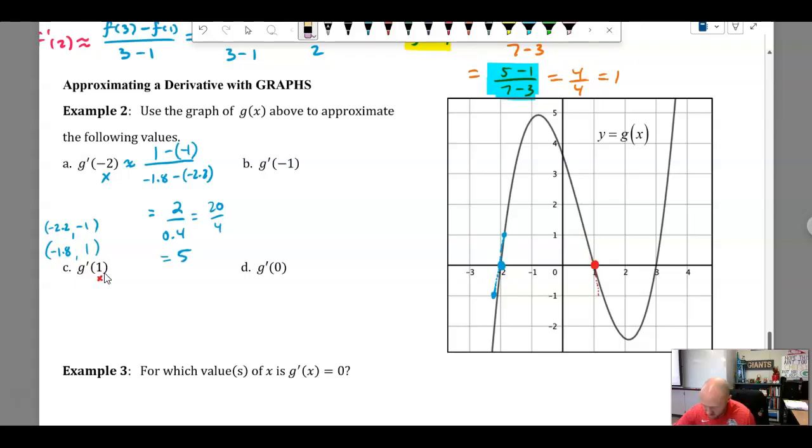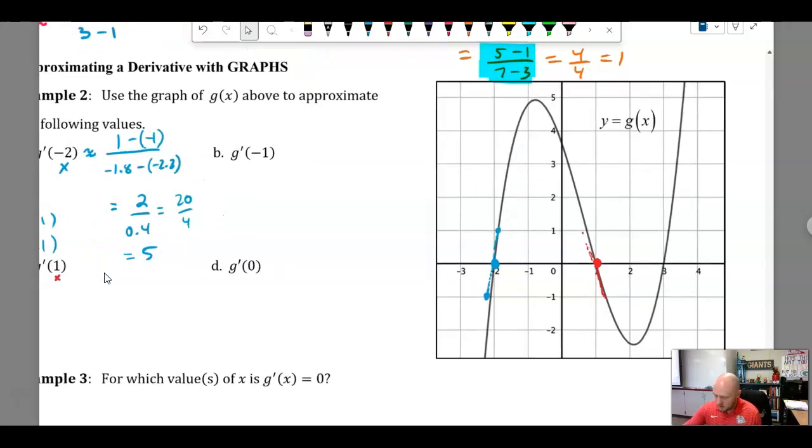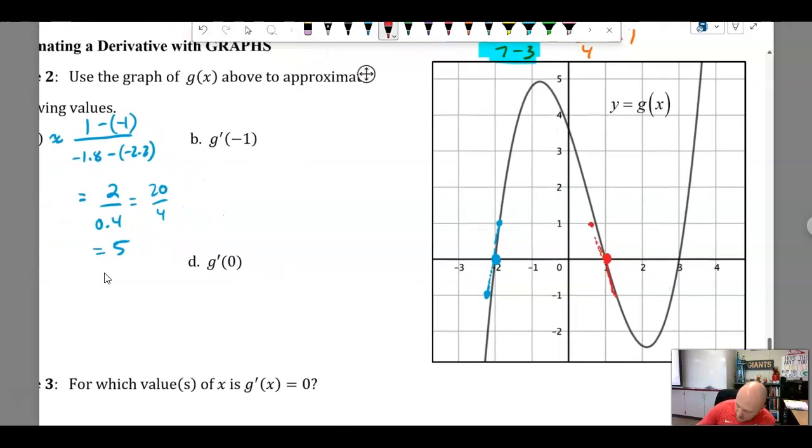Woo! That's a bad tangent line. So draw this tangent line. We'll go there. Okay. So I'm going to use these 2 points, maybe this point and this point here, to calculate that.